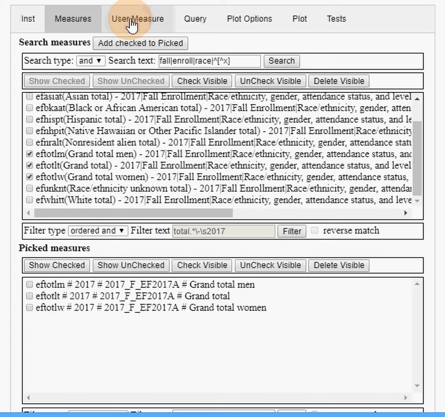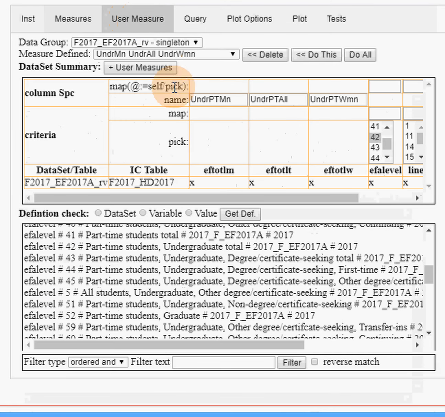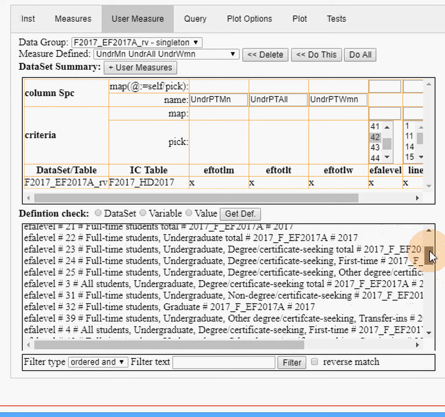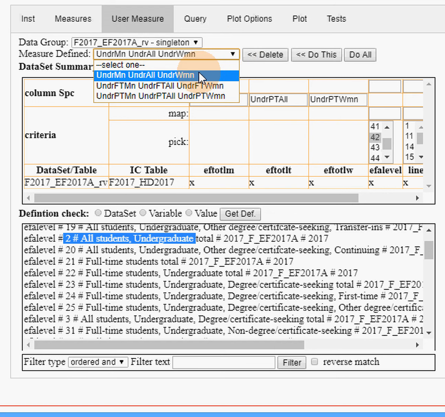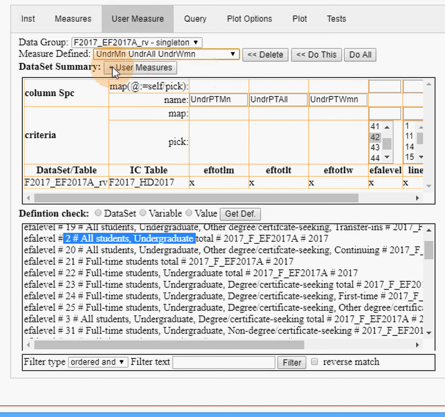After that, we refine the variables we selected. In this particular one, we are only interested in the undergraduate students, so we picked all undergraduate students.